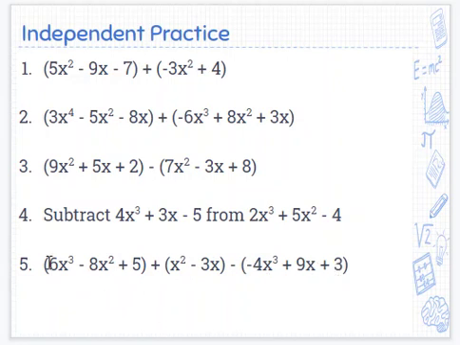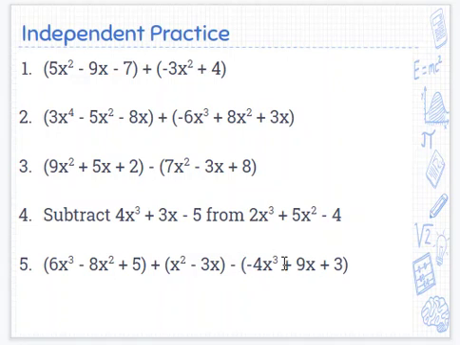Again, what you can do, since these first two are only separated by a plus sign, you can just drop parentheses, combine the like terms for the first two, then distribute the minus sign to each term within the third set of parentheses.